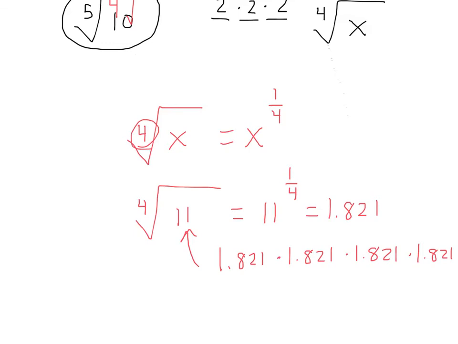Now, let's go back to our original problem, though. On our original problem, we were asked, what is the square root of x times x to the fourth power? That was our original problem. And you don't know how to do that, but now that you know that square root of x means raising it to the 1/2, x to the 1/2 power times x to the fourth.